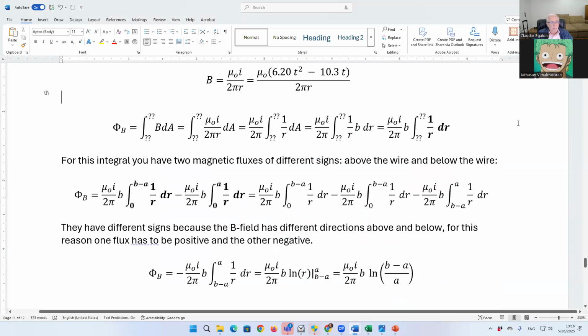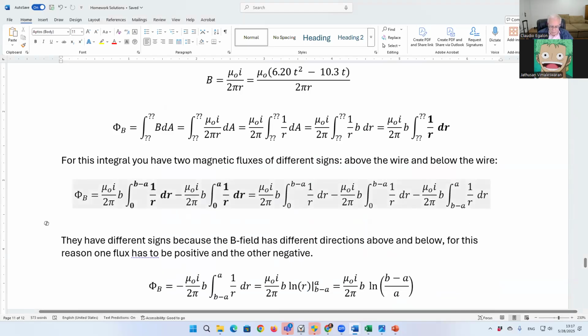What else can we do? There is one more step that we can do to simplify this calculation. We can break down this integral into two other integrals: an integral going from 0 to b minus a, just like I have b minus a here, and another integral that goes from b minus a to a. That's what this integral is all about.